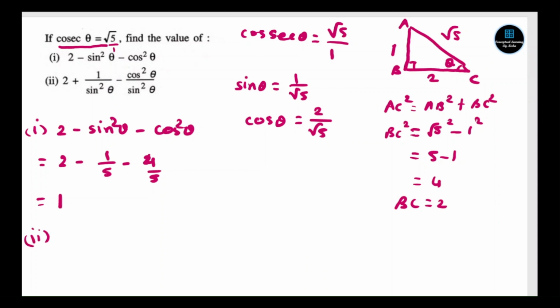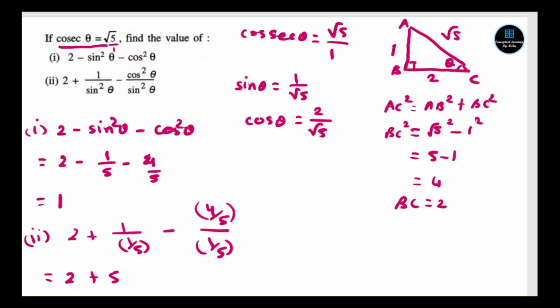And the second one is 2 plus 1 over sin square theta minus cos square theta upon sin square theta. So 1 over sin square theta is 1 upon 1 over 5, minus 4 over 5 over 1 over 5. Now when I simplify this, 2 plus 5 minus 4 gives me 3. So we found both the values which are asked over here. I hope you understand this. Perfect? Alright.